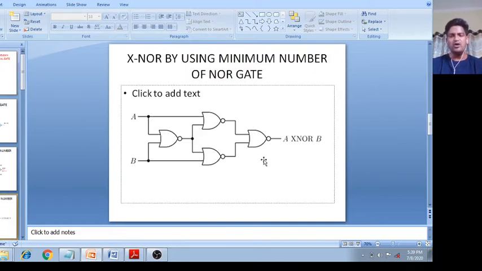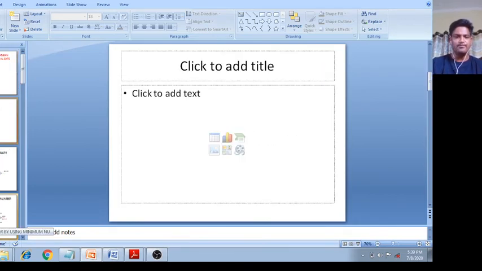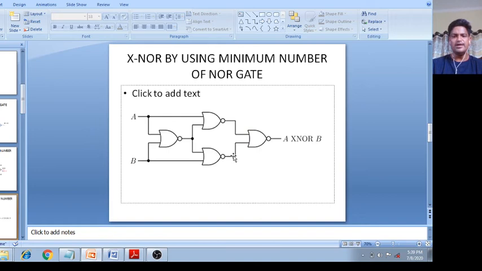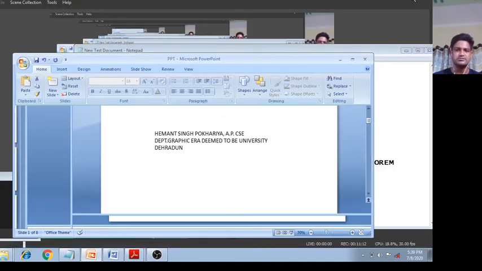Without going into detailed expression, only by using the duality theorem you can implement your XNOR gate by using minimum number of NOR gates.